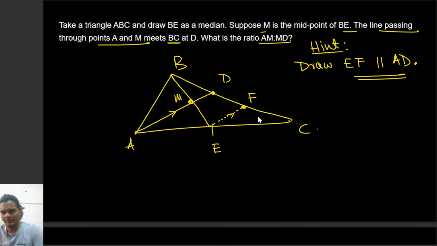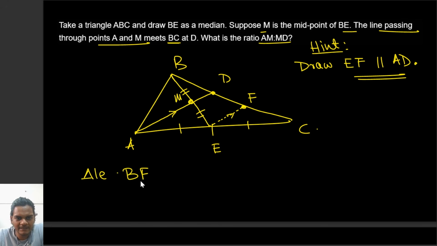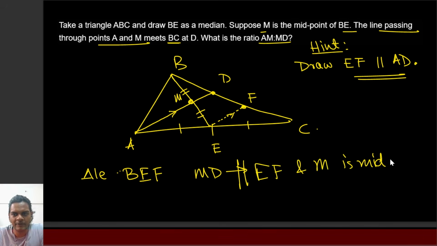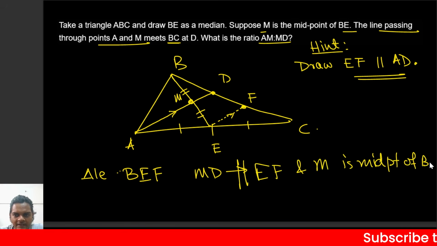So what happens now? You see that this is a midpoint and these two are midpoints as well. So if you look at triangle BEF, then MD is parallel to EF and M is the midpoint of BE.